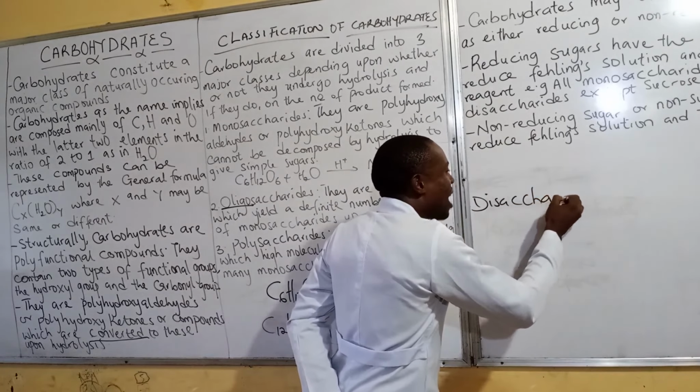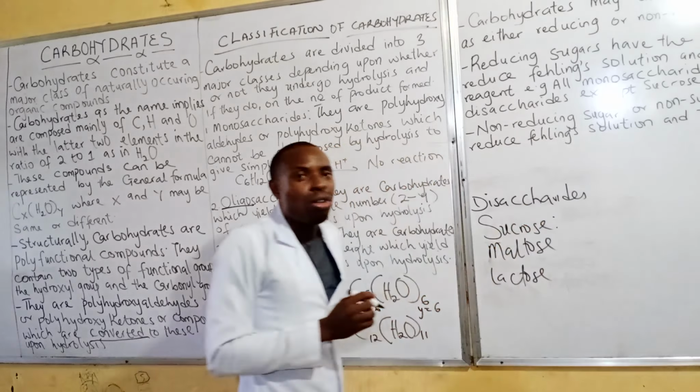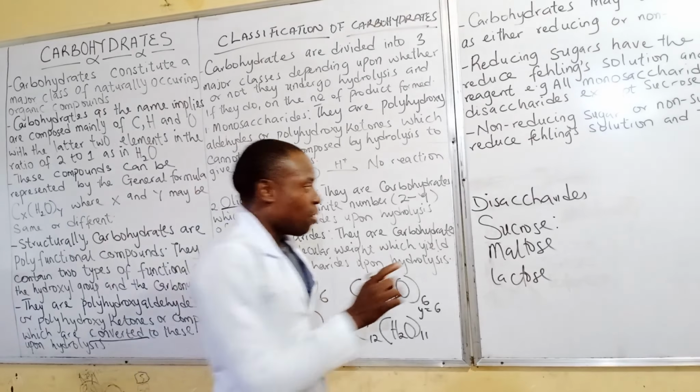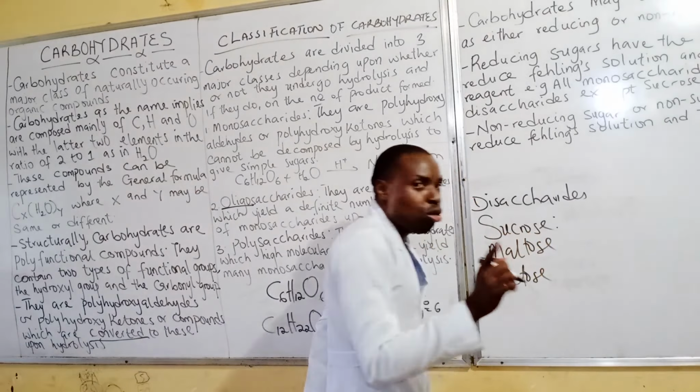A very good example is sucrose, maltose, and lactose. We should not forget that sucrose upon hydrolysis yields the monomers glucose and fructose. These are monosaccharides.